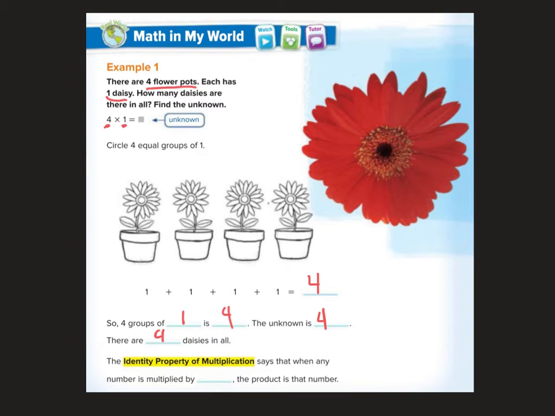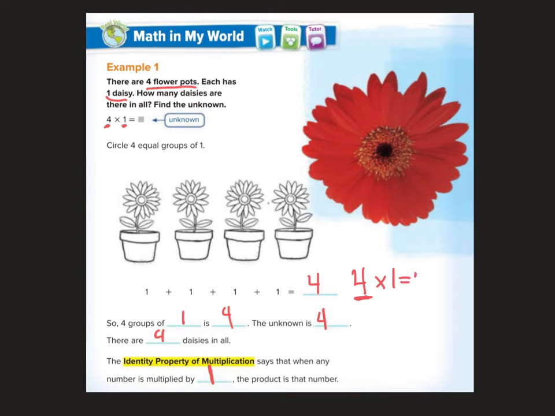When I think of identity, I think of myself, right? What is my identity? What do I myself believe in? And so when we're looking at the identity property of multiplication, I notice that 4 times 1 is itself. It says when any number is multiplied by 1, the product or the answer is that number.